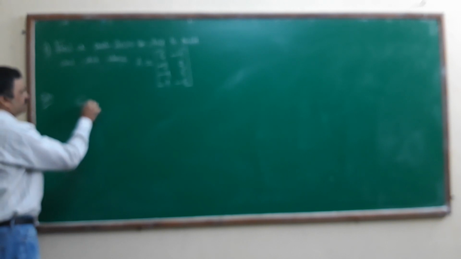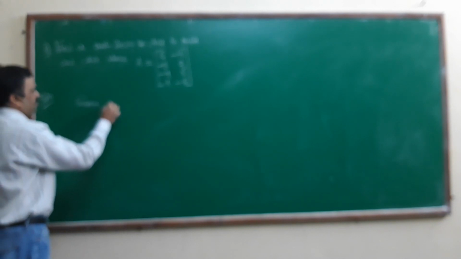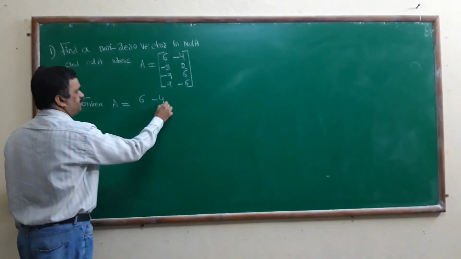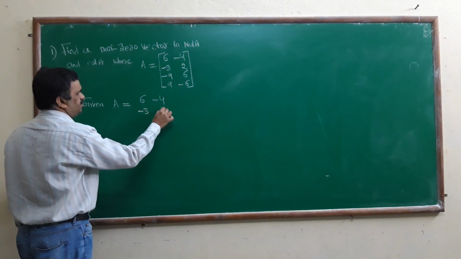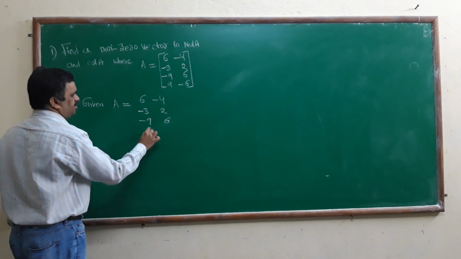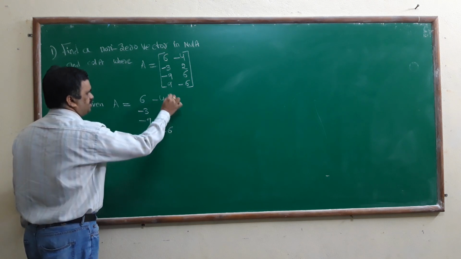Given A equals 6, -4, -3, 2, -9, 6, 9, -6.